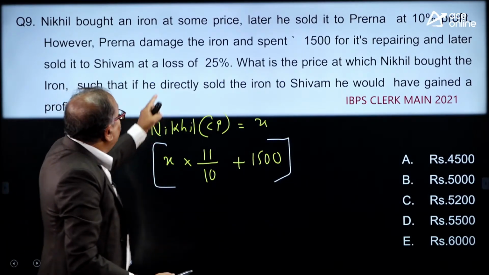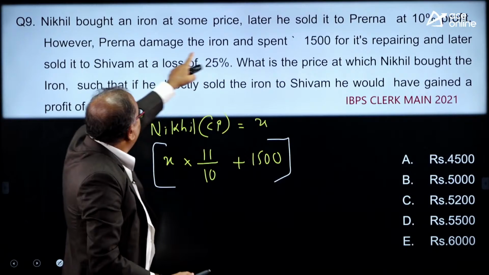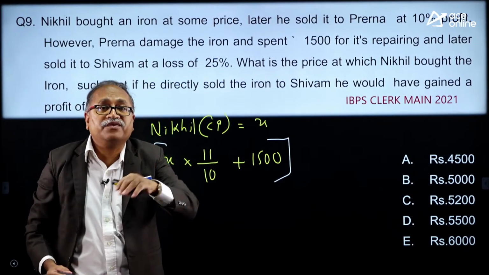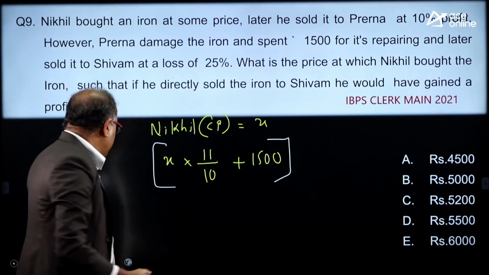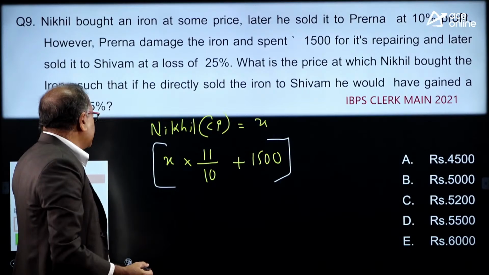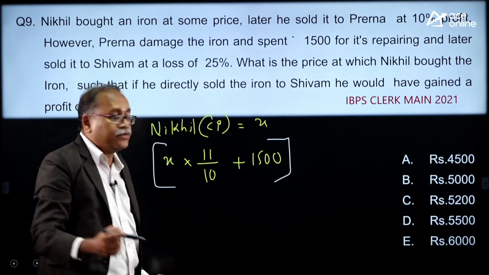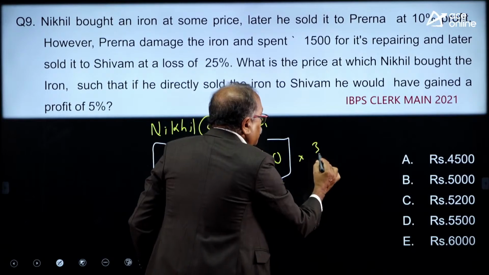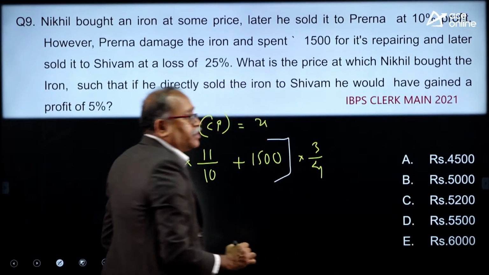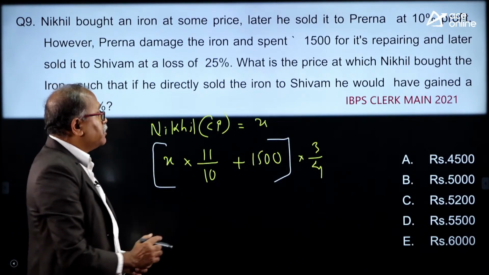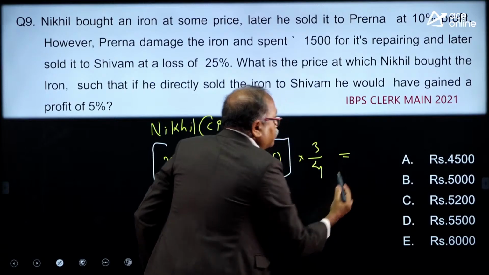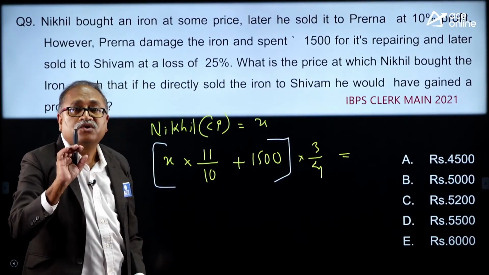Now, she is selling it at a loss of 25%. That loss of 25% means selling it at 75%, which is 3 by 4. So, into 3 by 4. What will this value be equal to?